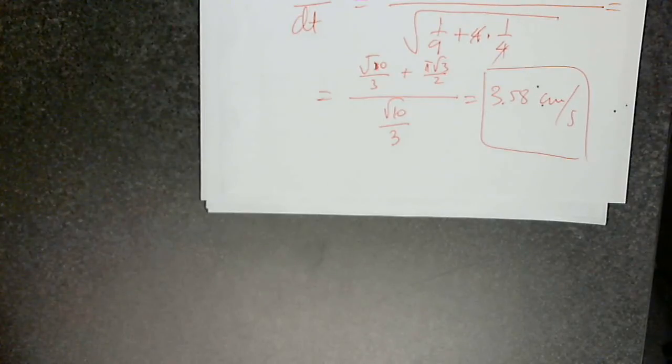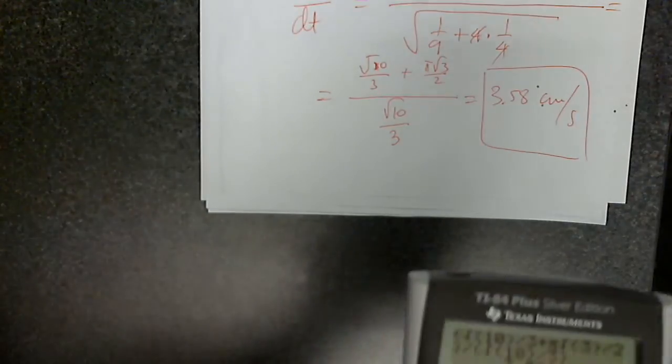I'm checking with my calculator though. Divided by 2. Okay. And then further divided by the square root of 10. If one of you got the same thing, then I'm fine. Yes, I did get the same thing. 3.58 with my calculator.